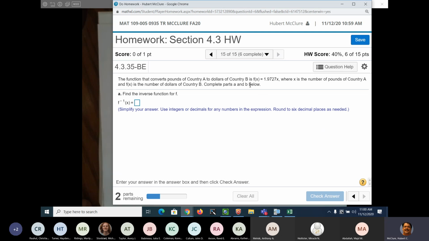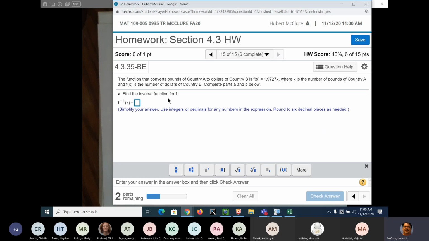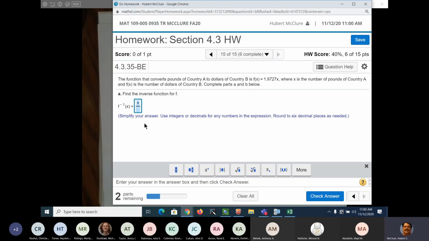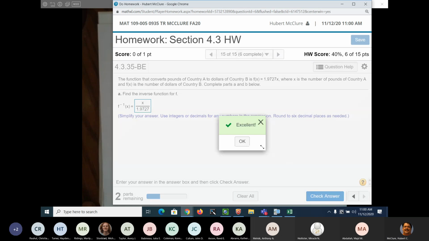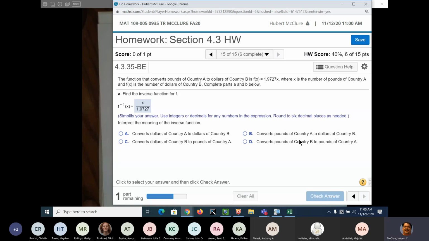Well, hold on a second. F of x, that would be x is equal to 1.97y. So it'd be x divided by 1.97.